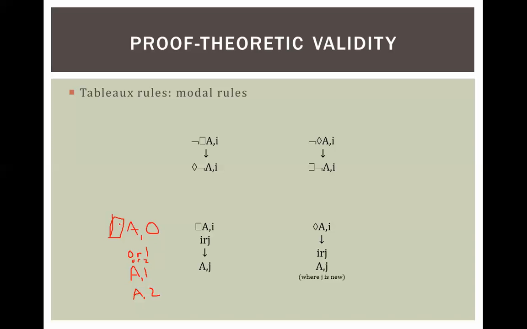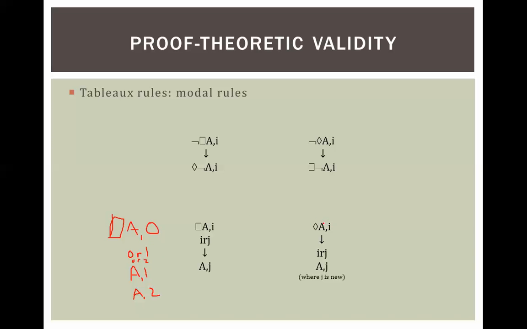That makes sense because you're saying necessarily A at world 0, and what that means is that every world that world 0 relates to, A is true at all those worlds. So if 0 relates to itself, then A is true at 0. If 0 relates to world 1, then A is true at world 1. That's what necessarily A means.